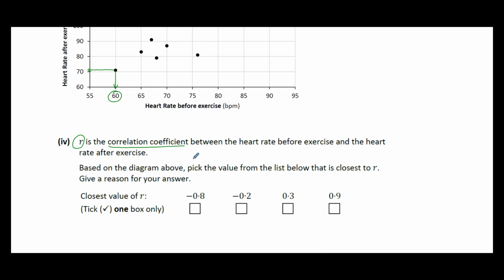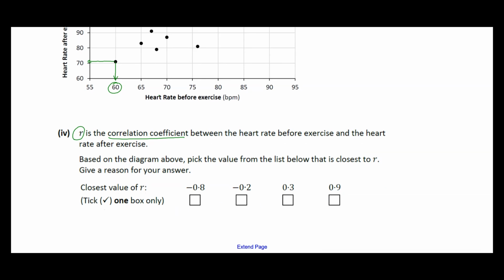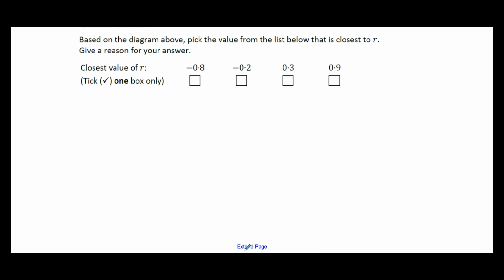That's all it means. Based on the diagram above, pick the value from the list below that is closest to R. Give a reason for your answer, and we have different options available to us. So we need a little bit of knowledge that has to do with correlation coefficient.